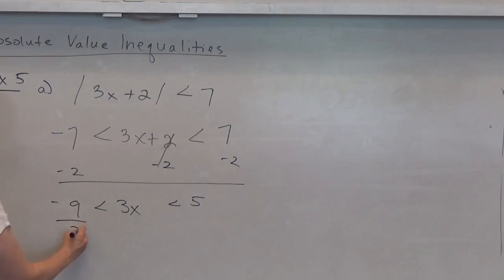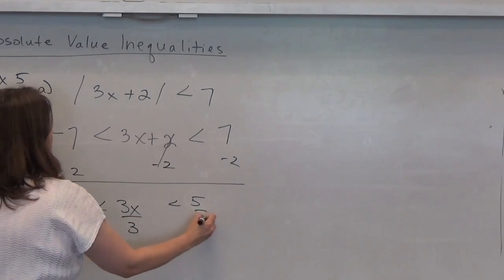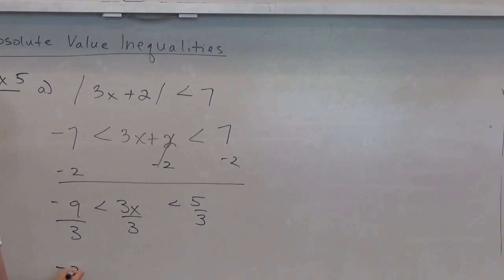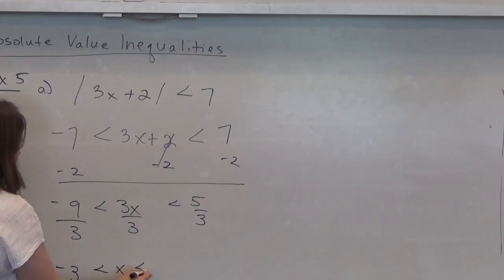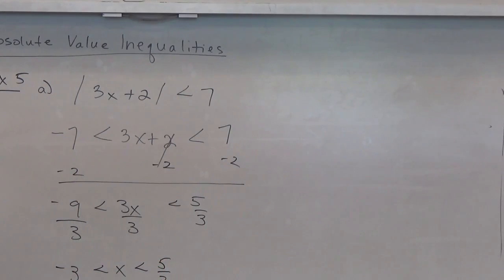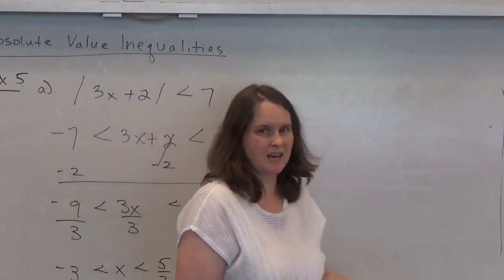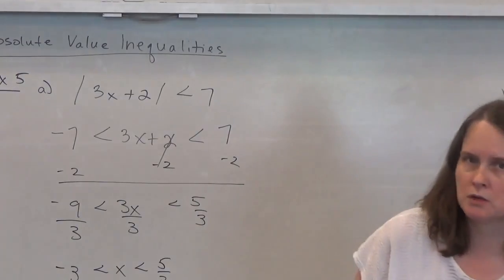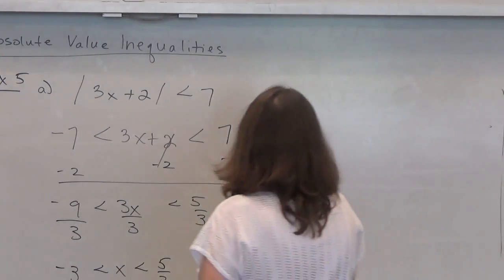So divide all 3 sides by 3. We've got negative 3 is less than x, less than 5/3. The directions ask us to graph the solution set. It does not specifically say to use interval notation, but we're going to do that anyway just to make sure we're comfortable with it. So let's go ahead and graph this.